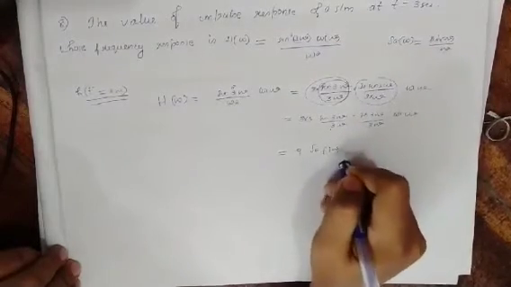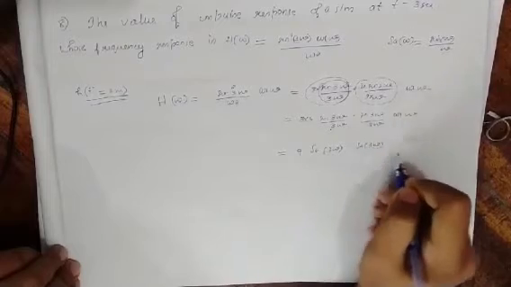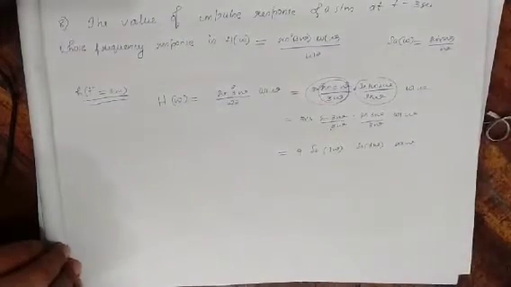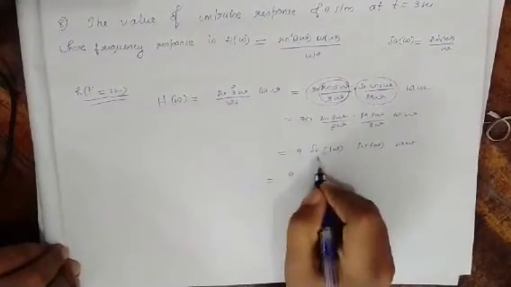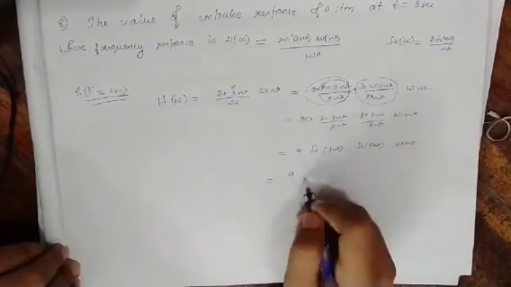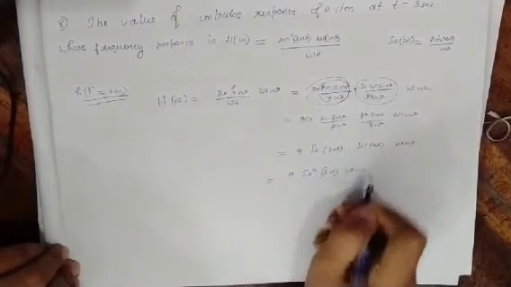Sampling 3 omega, and the other one is also sampling 3 omega into cos omega, right? So 9 into sampling 3 omega into sampling 3 omega will be sampling square 3 omega into cos omega.